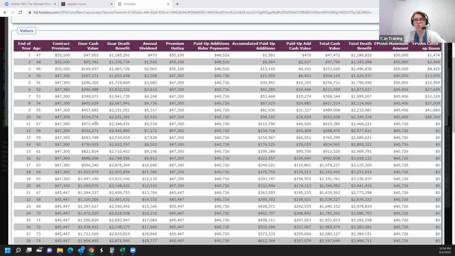So I do try to make sure that there is a reasonable ratio between whole life and term. To give a quick explanation of how this works and why we need that term, you can't go 100% whole life. It will not build cash value nearly quickly enough for them to use it as a reasonable savings tool.